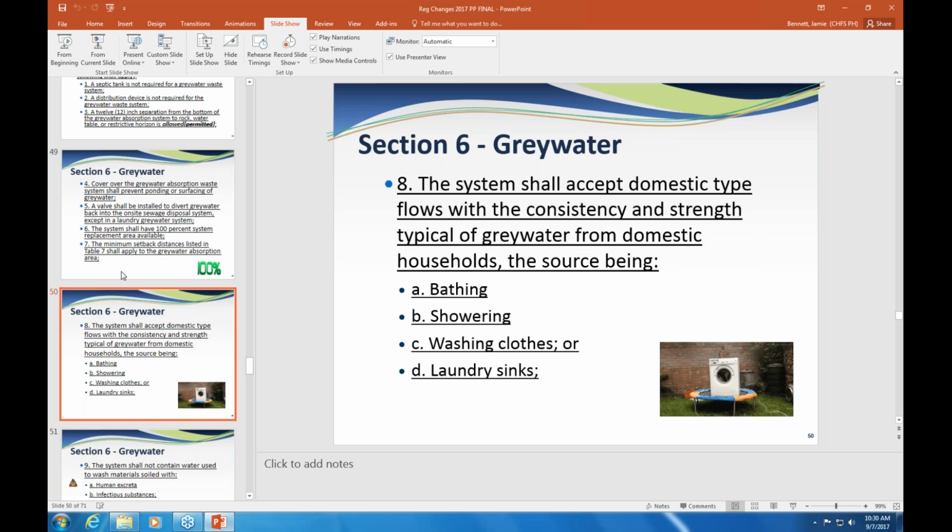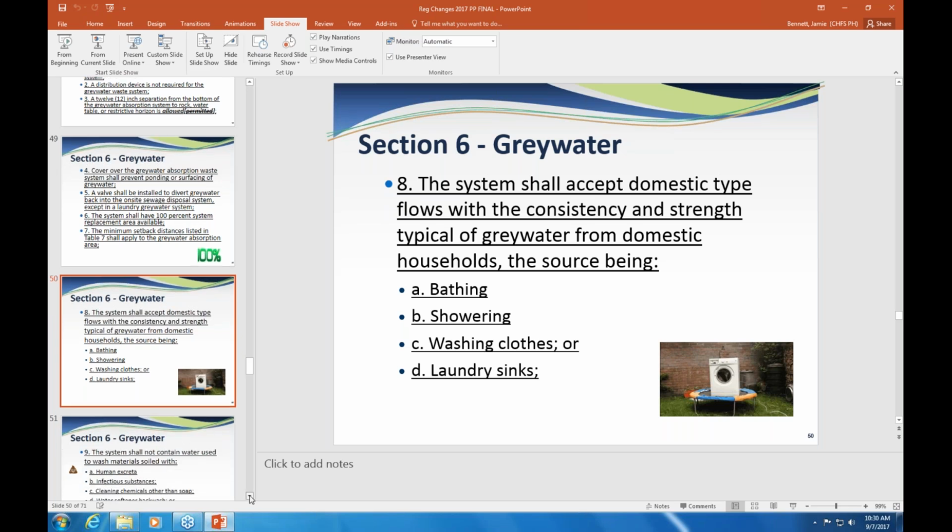And number 8, the system shall accept domestic type flows with the consistency and strength typical of gray water from domestic households, the source being bathing, showering, washing clothes, or laundry sinks.